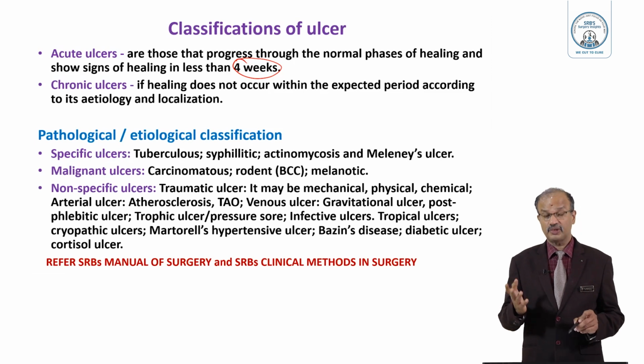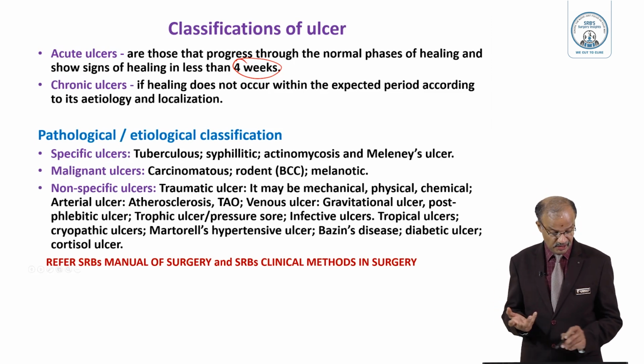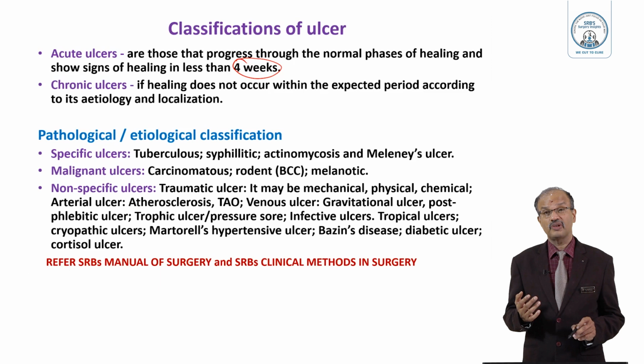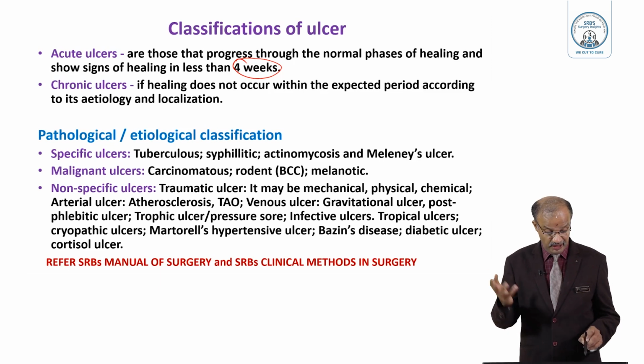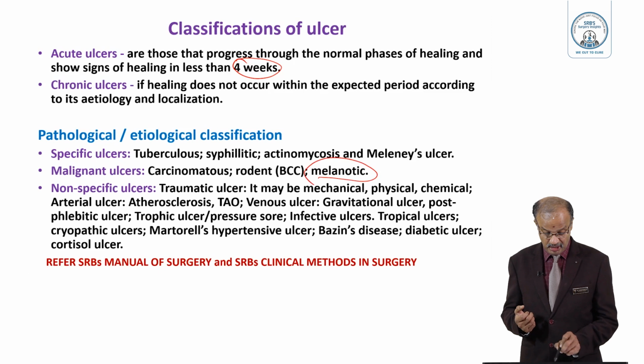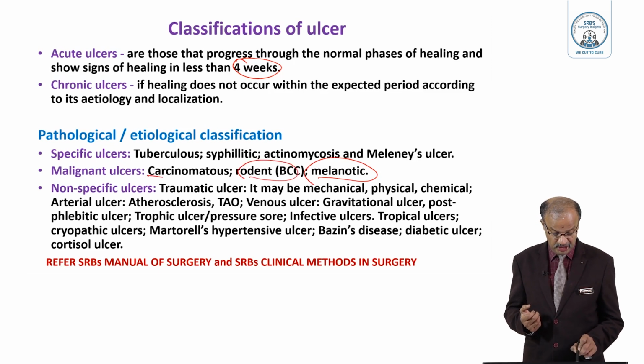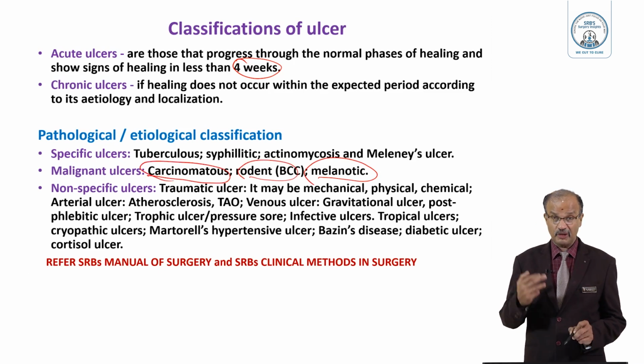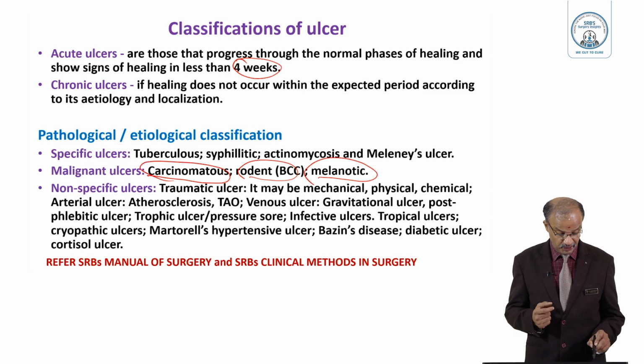Specific ulcers, I already told: tuberculosis, syphilitic, actinomycosis, Meleney's ulcer. It is a postoperative synergistic spreading ulcer. Carcinomatous and melanotic ulcers are most aggressive, remember. It is locally malignant and spreads loco-regionally to the lymph nodes unless the patient is immunosuppressed.